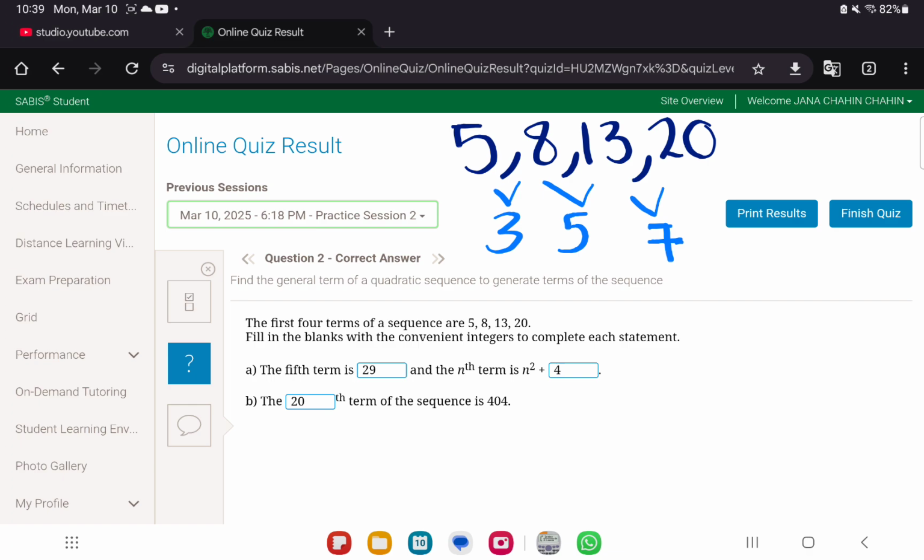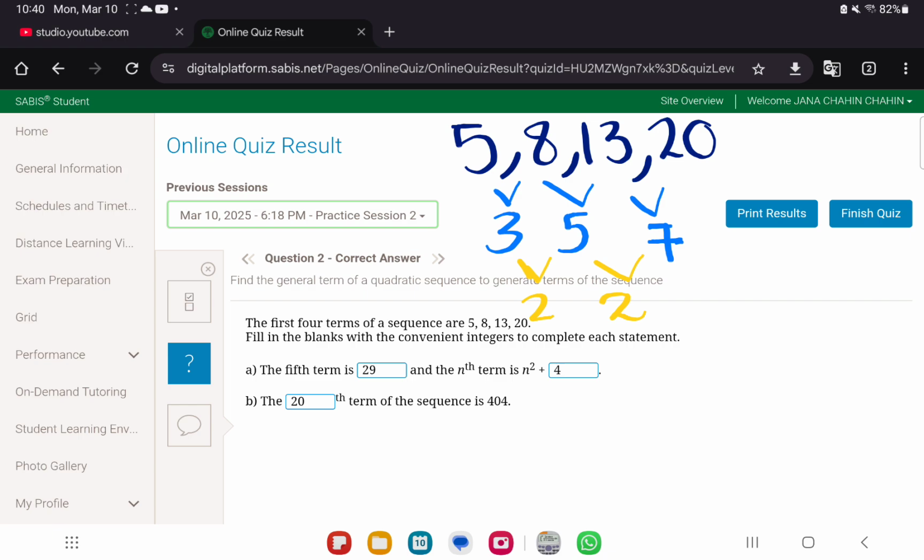The next step is if you subtract these values and you get a common number, that means this is a quadratic sequence. So 5 minus 3 is 2, and 7 minus 5 is 2. Are these the same number? Yes, they are. That means it's the constant difference. Because it's the second constant difference, this is a quadratic sequence.